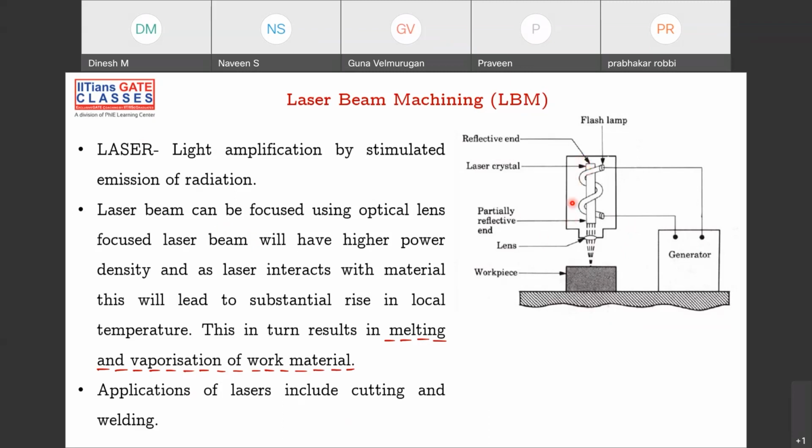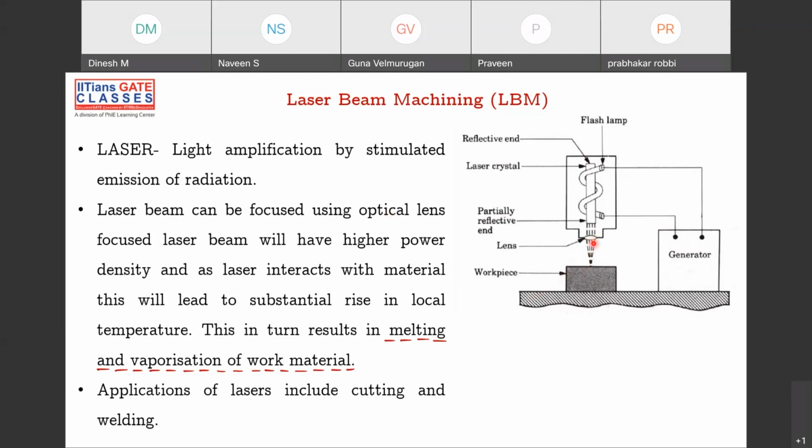Now there is some kind of setup here. There's a flash lamp, laser crystal, reflector; all these things you forget. The only thing is that somehow this laser is generated at this end, and that laser is concentrated on this convex lens. As the laser passes through the convex lens, it will focus onto the workpiece. Here the diameter of the laser is very high, but passing through the lens, the diameter is reduced.